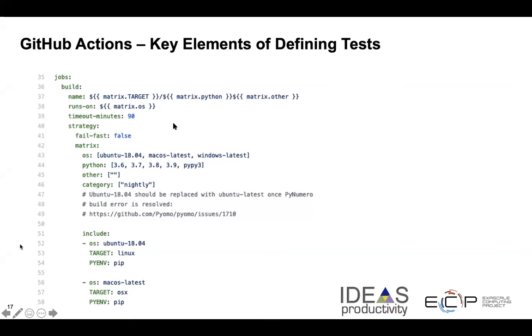It might have a Python version, and it might also have an other. Here, other is not being used. But if you set up your test this way on GitLab, what will happen is this build step will run for every combination in this matrix. And so you'll be testing Python 3.8 and 3.9 on each one of these platforms. And this can be nice to be sure that you're not coding to something that's Python 3.6 specific and has been deprecated and removed in Python 3.9.